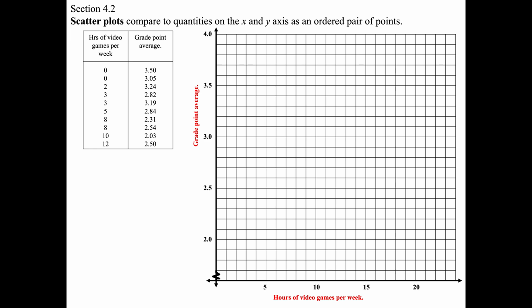Since we have a lot of decimals here, I opted to count down by 0.1: 3.9, 3.8, 3.7, and so on, all the way down until I got to 2.0. The reason for the break is because there's no data below 2.0, so they usually cut that part of the graph out.